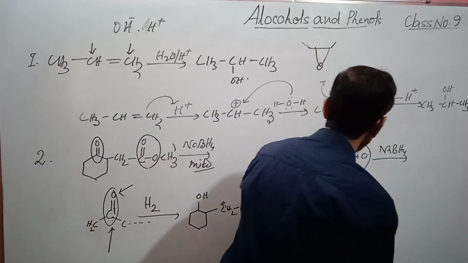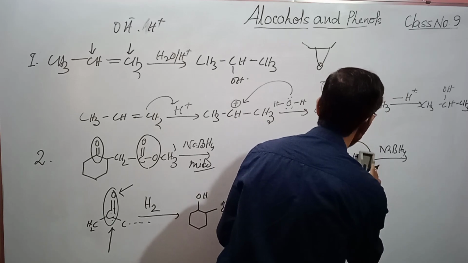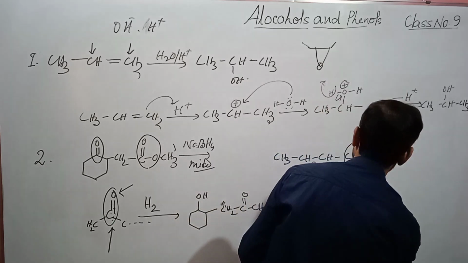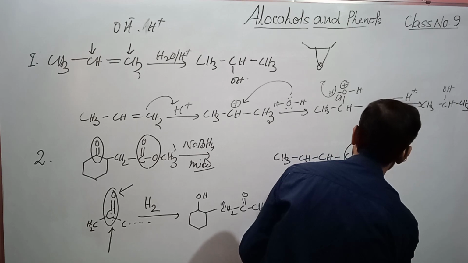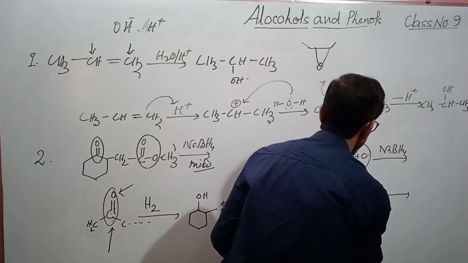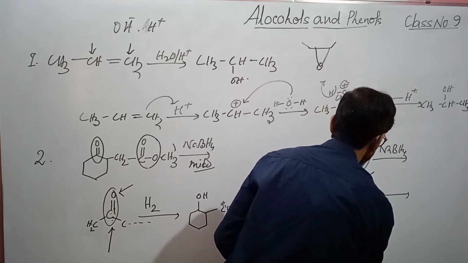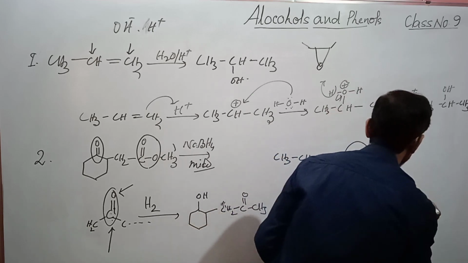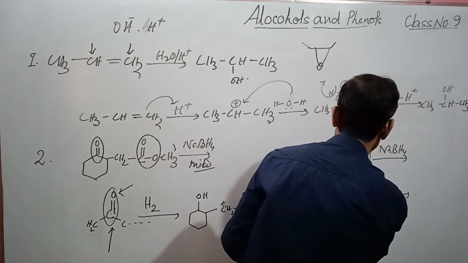So if you see this group, then you write this group like this. Am I right? You write this as it is and add 2 hydrogen. One is here, the other is here.